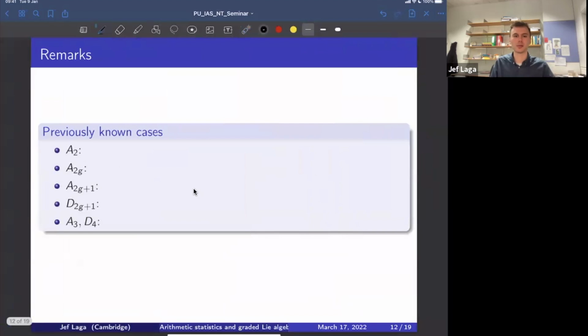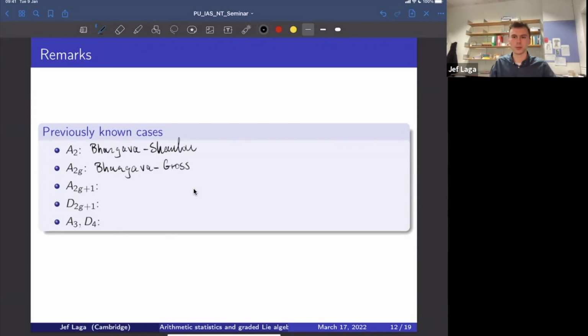Okay. So let me just briefly say a few words about previously known cases of this theorem. Many cases were known already before, namely the A2 case, as I mentioned, is Bhargava and Shankar. The A2G case, that's all the hyperelliptic curves, that's Bhargava and Gross.